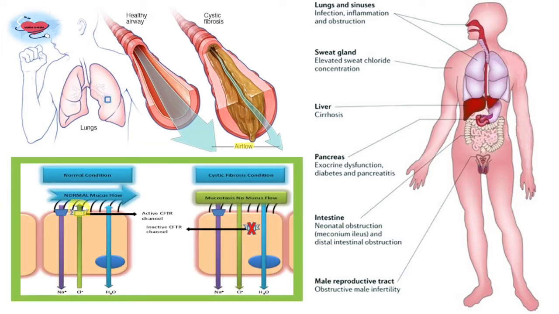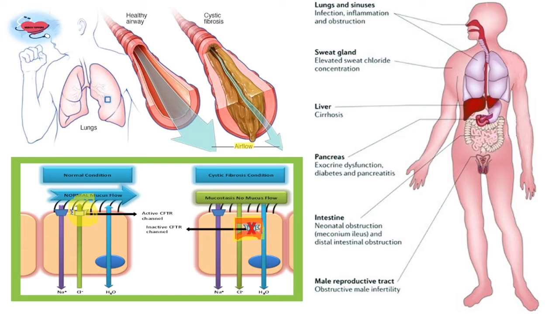Usually with an active CFTR channel, sodium and chloride levels are normal. In case of this mutation, it mainly affects the chloride channel, which leads to mucostasis, and there is no mucus flow between these glands. So here the sweat gland problems occur also, with high sodium and high chloride levels.